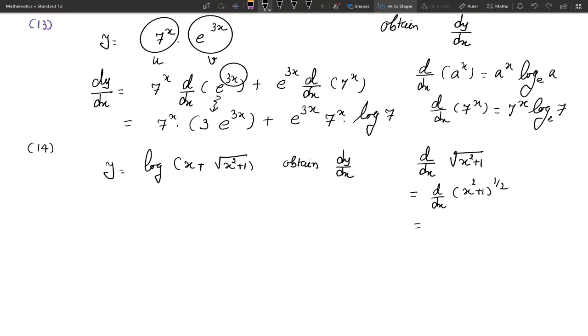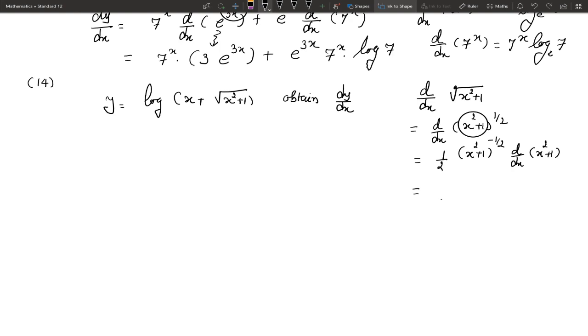Use x raised to n formula, n x raised to n minus 1, 1 half minus 1, into, by chain rule we have to differentiate d by dx of x square plus 1.